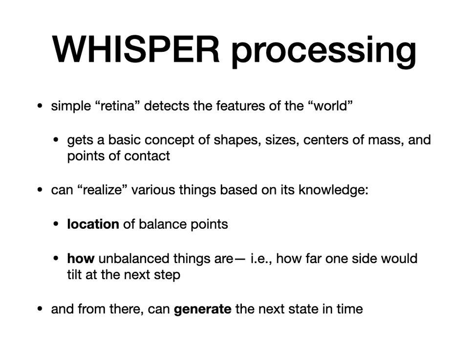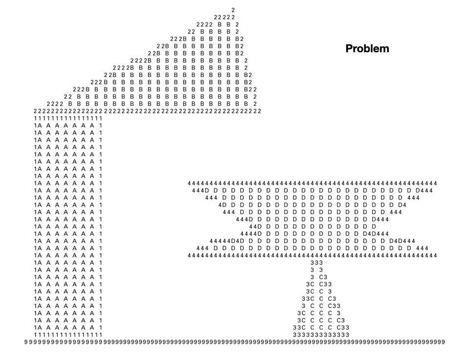It says, okay, these two symbols are next to each other. That's a point of contact. And that's an abstraction and a new symbolic structure that it can operate on. And it can realize a bunch of things based on its knowledge. So where are the balance points? How balanced are things? Is one side going to tilt or the other side going to tilt after the balance point is detected? So from there, it can run through this very symbolic process of just generating the next state in time. So again, here's the problem.